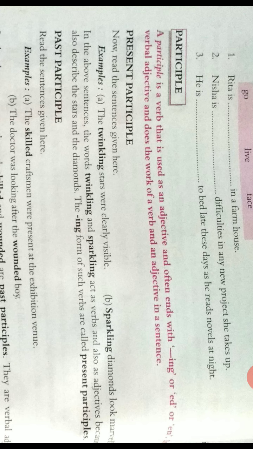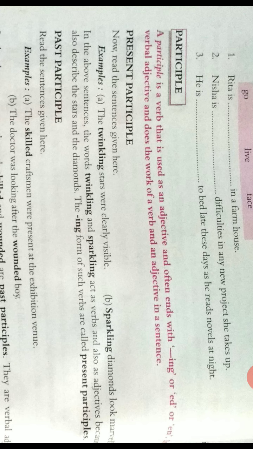Here the noun is stars, and it is telling something about stars. And what is that word? That is twinkling. So you can identify a participle versus a gerund by asking, as in the previous one, what. Here, it is defining the noun stars.